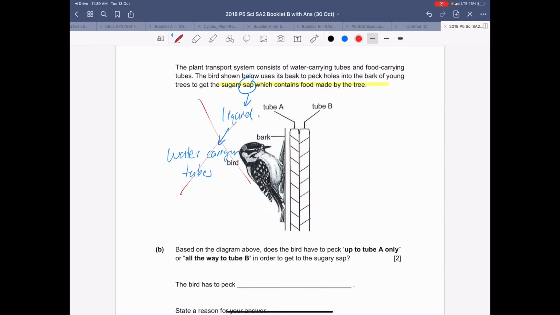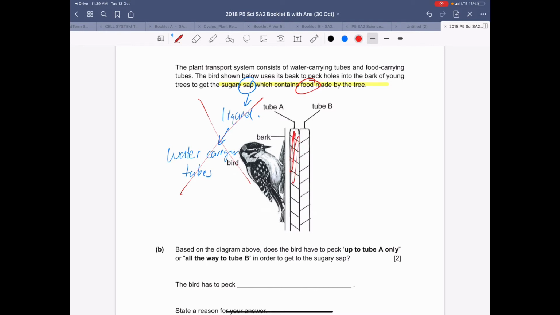Why? This is wrong, because they told you it's actually food. So if it's food, it should be your outer one over here, which is your phloem or your food carrying tubes. This is your xylem, water carrying tube. So the bird has to peck to A only.